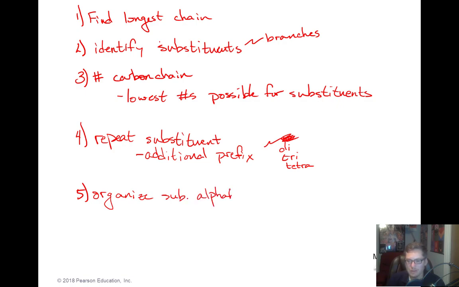I know you guys are thinking I'm making this up. You're organizing your substituents alphabetically. And once they're organized alphabetically, you write out the name. Write the name in alphabetical order.